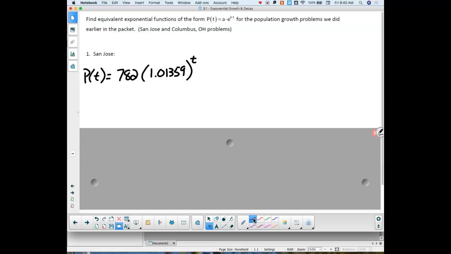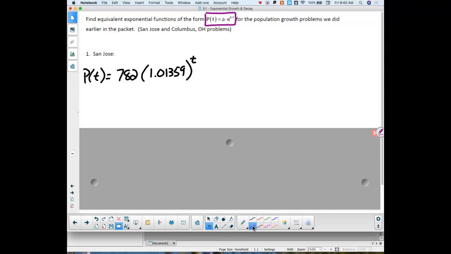I would like to convert that one into a P of t equals a times e to the kt power problem.